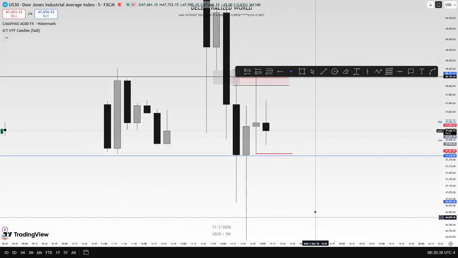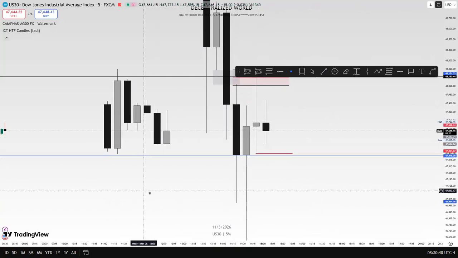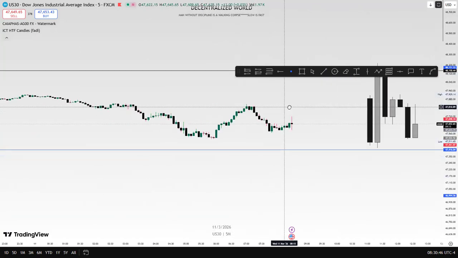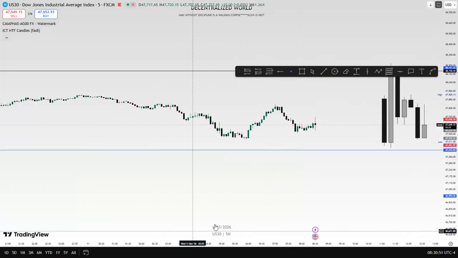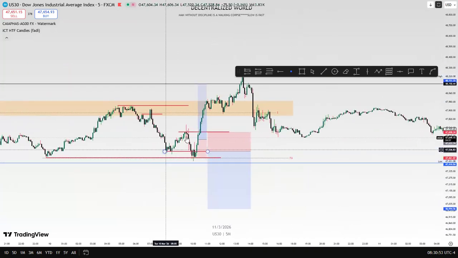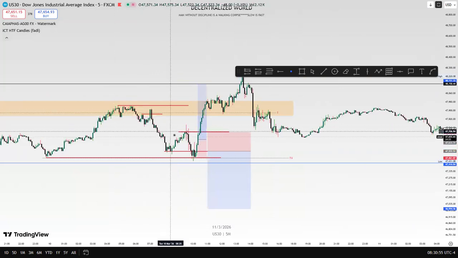So this is exactly what I'm anticipating. And as you can see, price since that day has been dropping lower. So this is just a trade recap on what actually transpired, and this was the logic behind my trade entry.